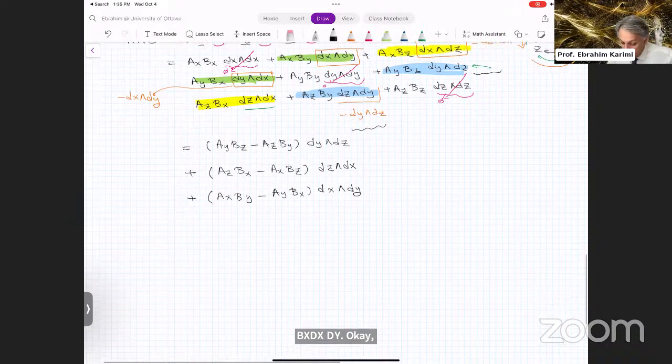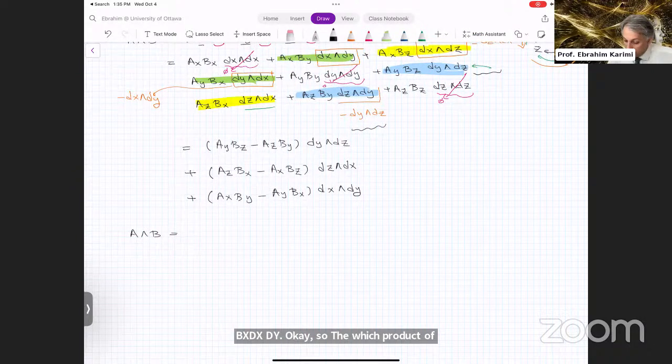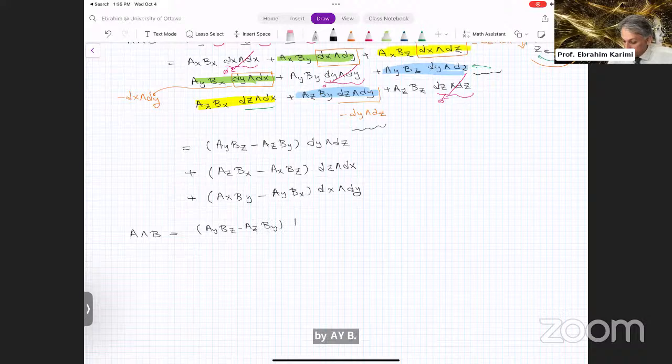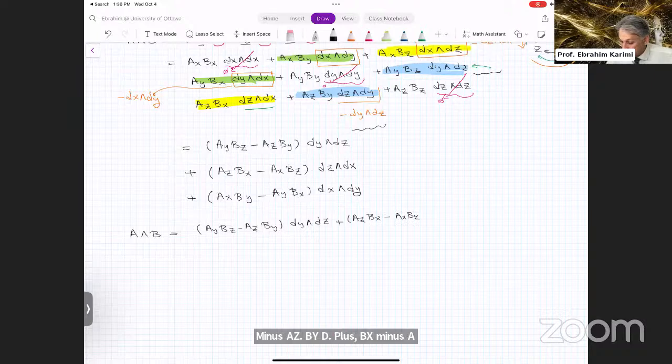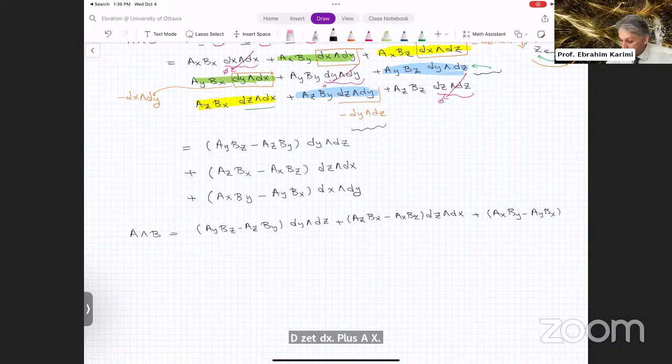So the wedge product of A and B is now given by (ay bz minus az by) dy dz plus (az bx minus ax bz) dz dx plus (ax by minus ay bx) dx dy.